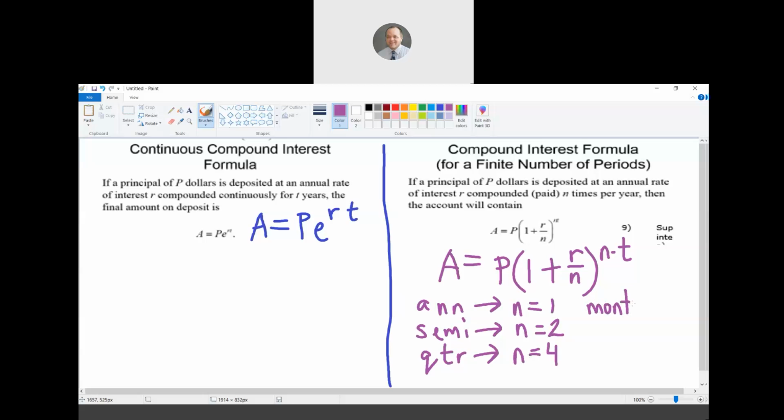And finally, monthly, that's every month, so that would be n equal to 12, or 12 times. So let me pull up some examples and we will use our formulas to figure this out.